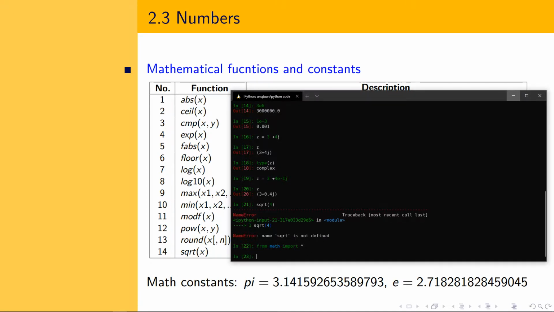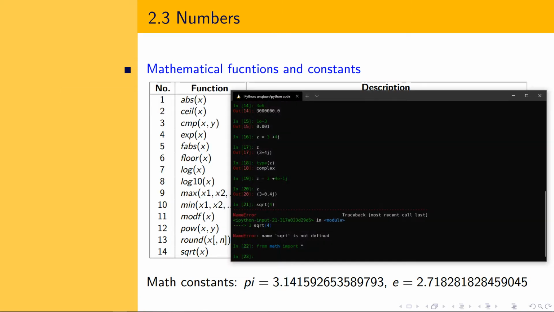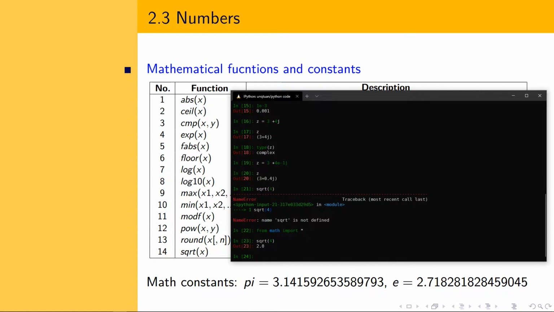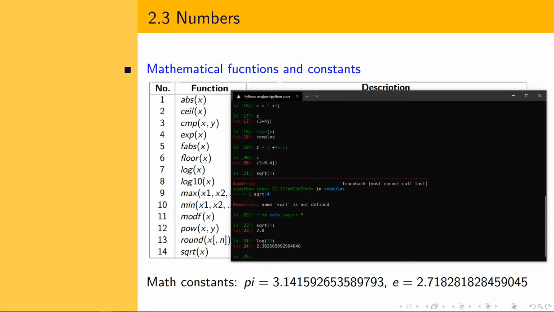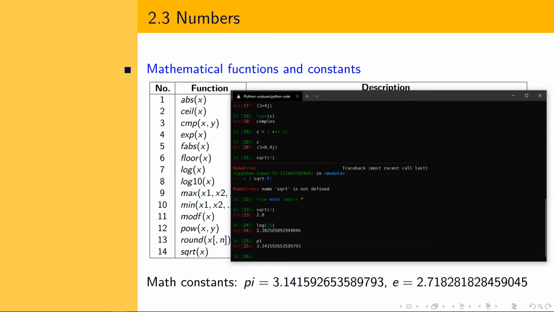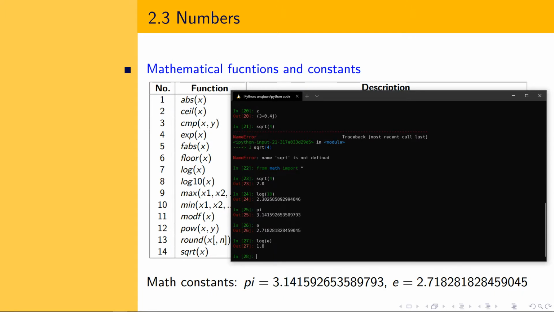You can use this function, for example, the square root of 4 now is equal to 2, right? And you can do log of 10. You also have the constants pi and e, and you see the log of e is equal to 1, right?